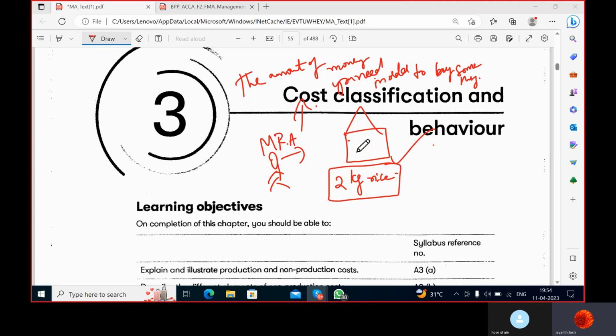So suppose the shopkeeper is quoting that you have to pay 50 rupees for 2 kg of rice. That is nothing but the cost for you.